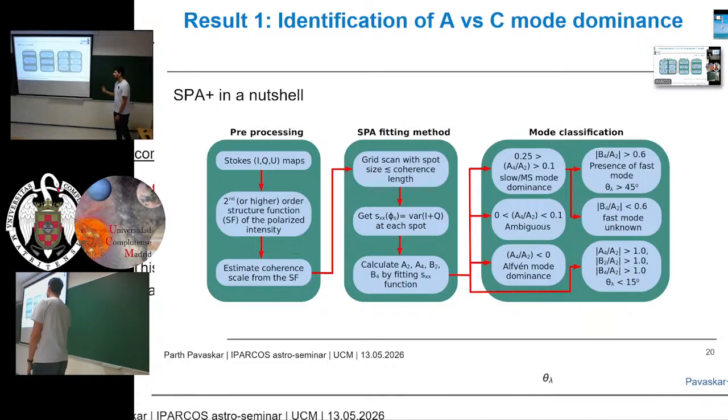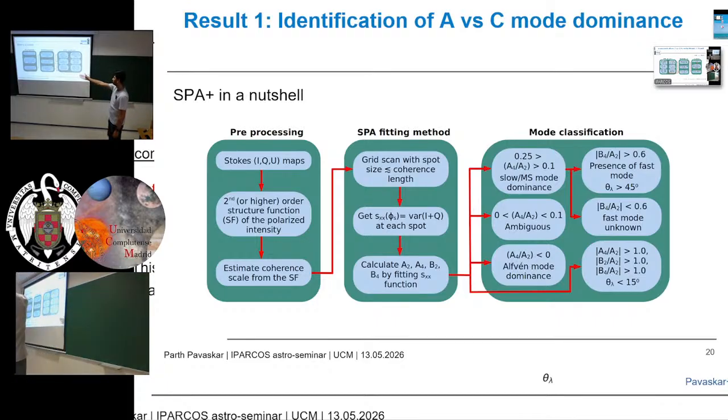And then, yeah, we have this method, and here I also added some pre-processing steps in case we want to apply this to real observations, right? So in real observations, we have these Stokes IQU maps. First, we want to estimate some kind of correlation scale or coherence scale for the turbulence, because naturally our region of interest needs to be smaller than this coherence scale.